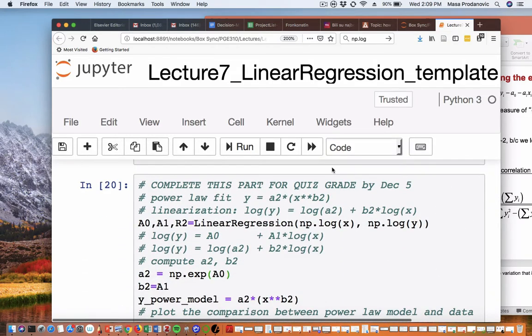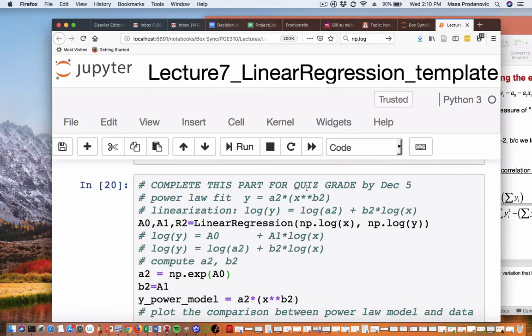If I assume that my data model is y equals some coefficient a2 times x to the power of b2, and I'm looking for a2 and b2, I can linearize this problem by taking a log of both sides. Log of y is the same as log of a2 plus b2 log of x, because b2 was an exponent.